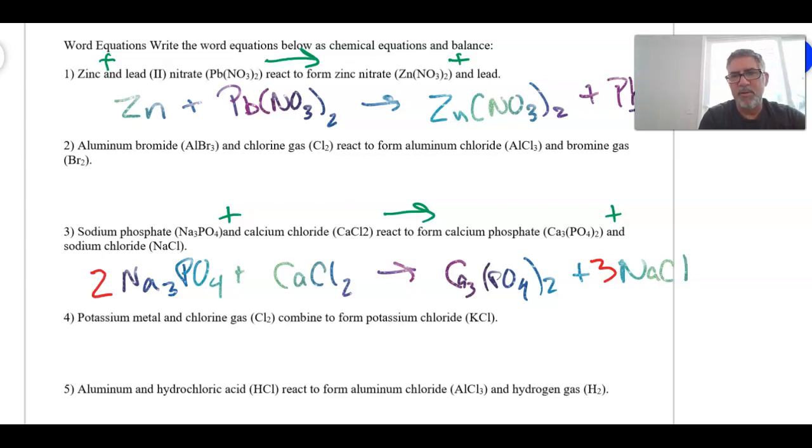Now I have 6 sodiums, so I've got to change this to 6. Now I have 6 sodiums, 6 sodiums. I have 6 chlorides, 3 calciums. If I put a 3 here, I'll have 3 calciums like I have here, and 6 chlorides like I have there. So that's the balancing game.